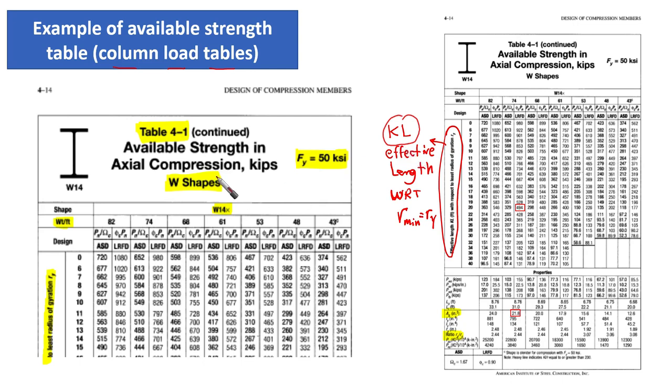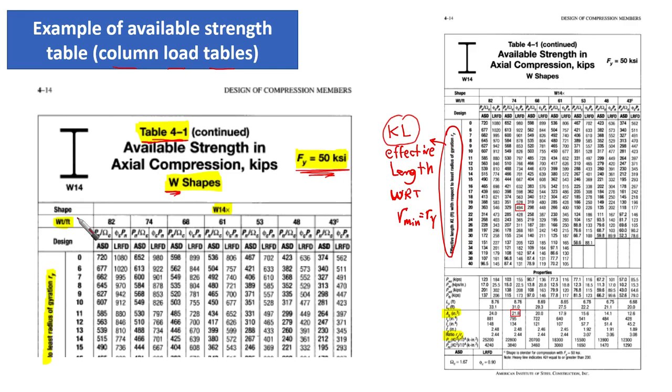You can stop the video now, go to your manual and open table 4-1. This is for wide flange shapes, for example, and for Fy equal to 50.